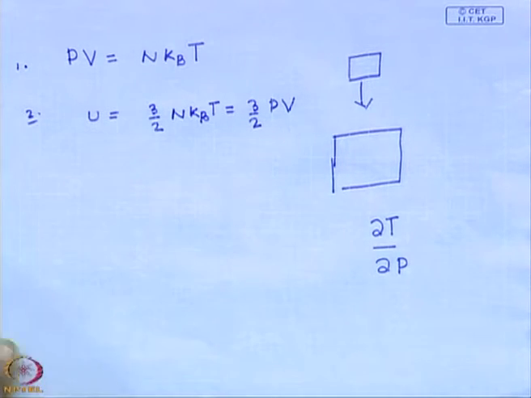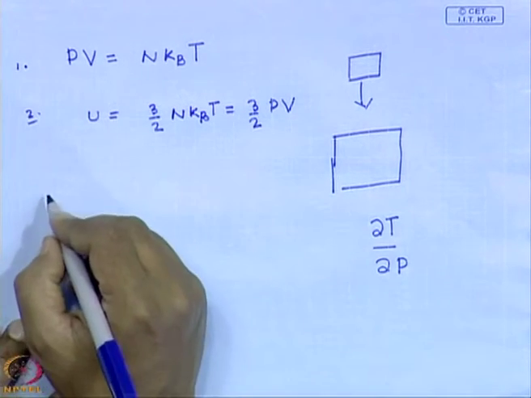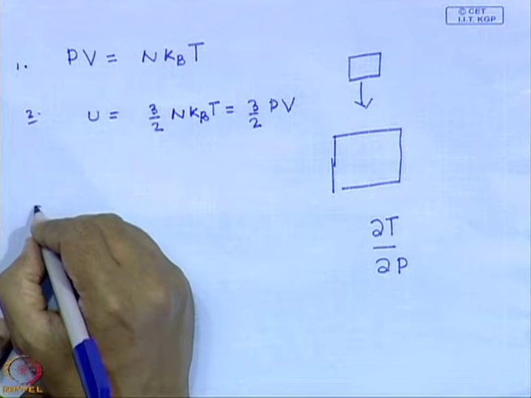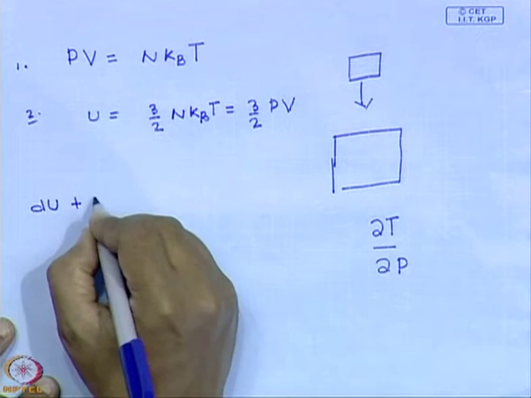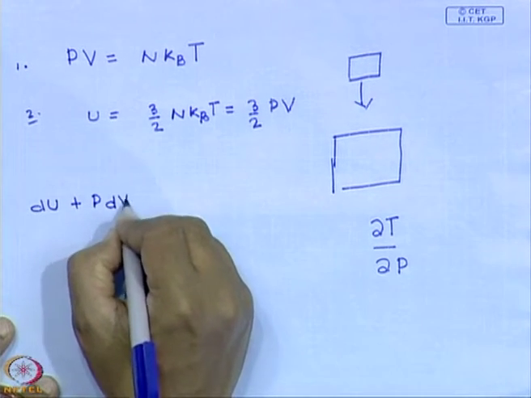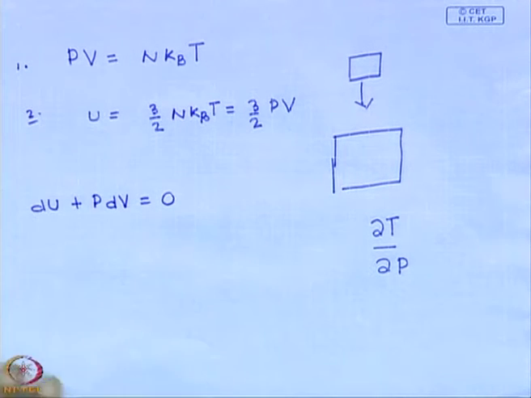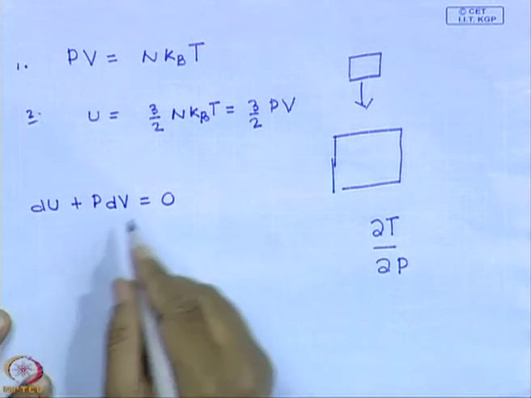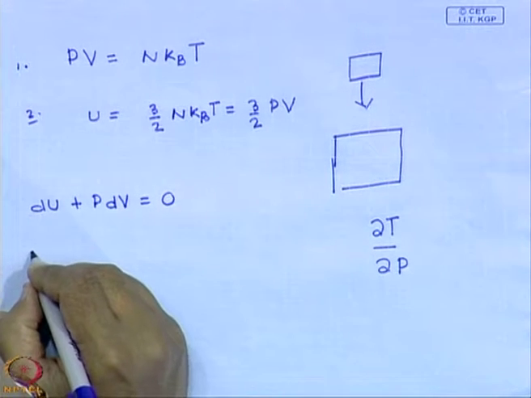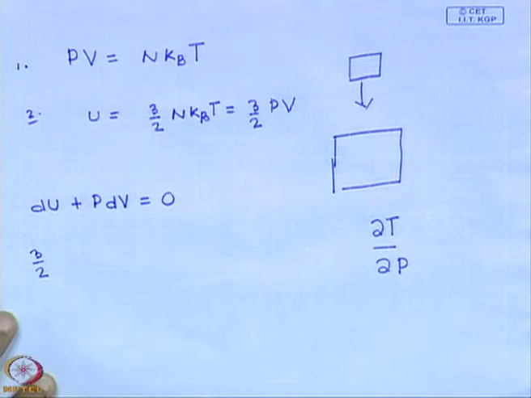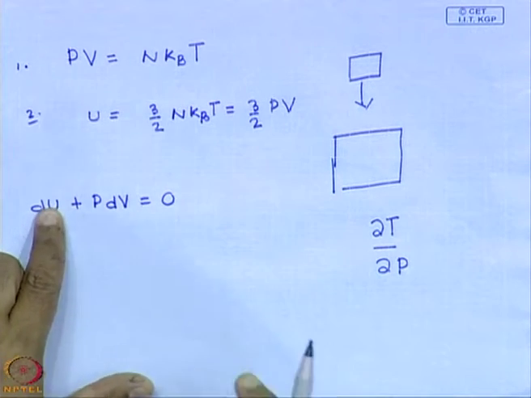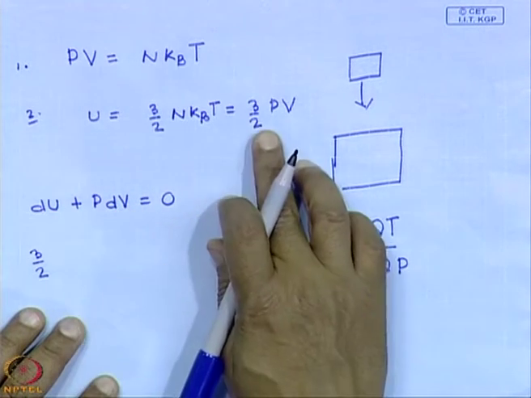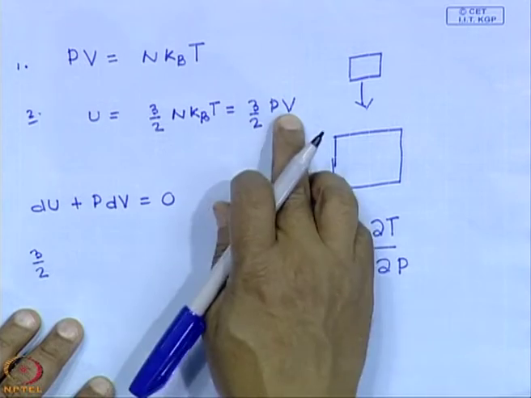Now, for an adiabatic process, applying the first law of thermodynamics, dU plus P dV is 0. Which can now be written as 3/2, and here we will have two terms, one will be P dV when I differentiate this, and the other one will be V dP.